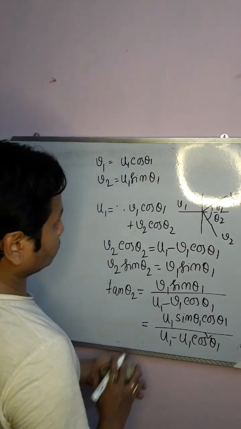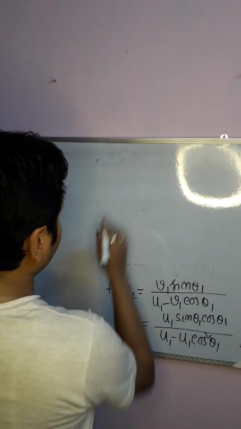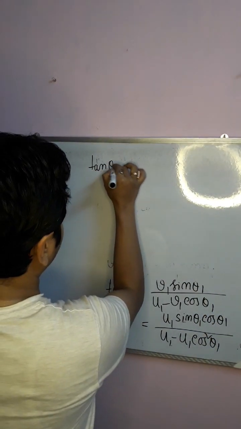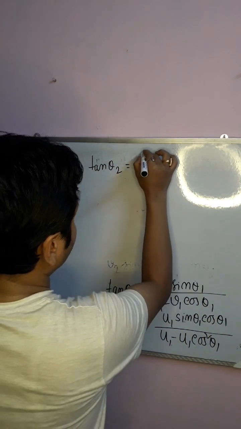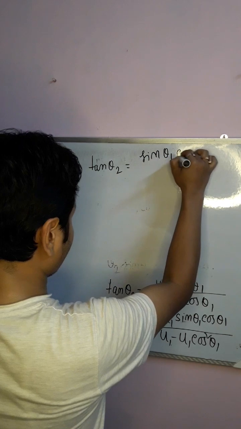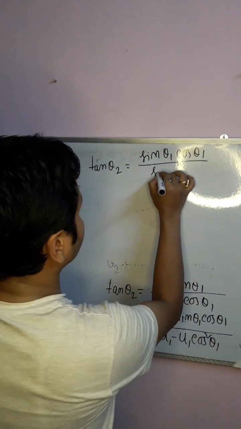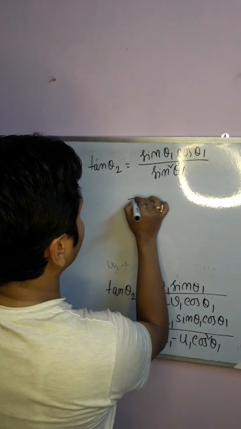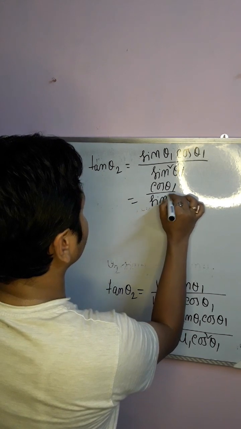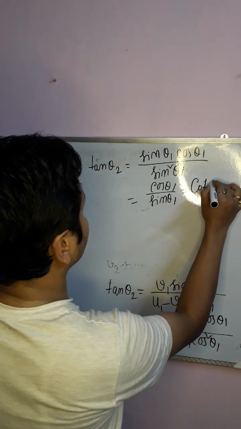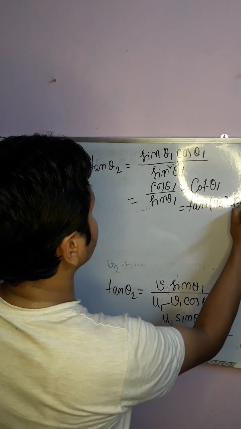So if we simplify it, we get tan theta 2, the u1 cancels. So sin theta 1 cos theta 1 by 1 minus cos square theta 1, that means sin square theta 1. So cos theta 1 by sin theta 1 simply represents cot theta 1, that means tan of 90 degrees minus theta 1.